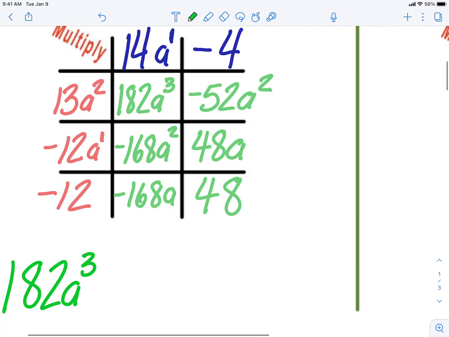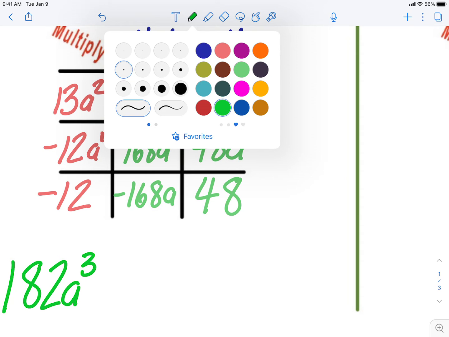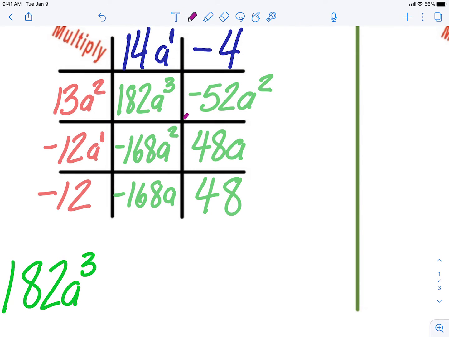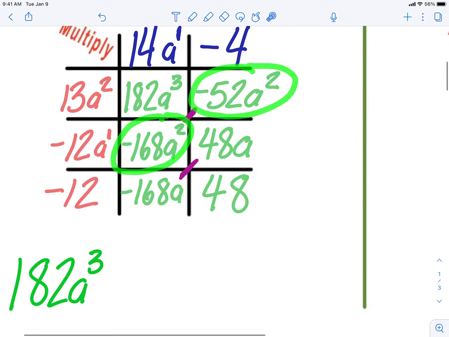Now look what happens. The great thing about this box multiplication is these two connect and these two connect. See? These two here that connect here are both a to the power of 2. They are like terms, right?